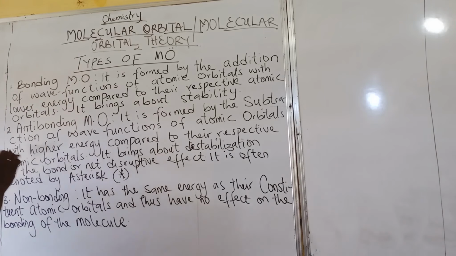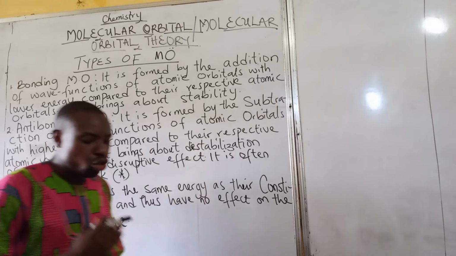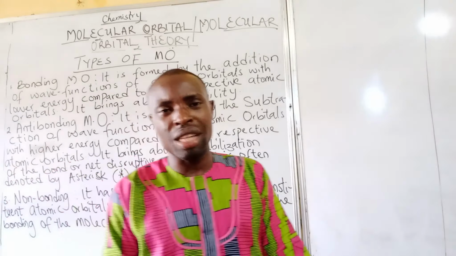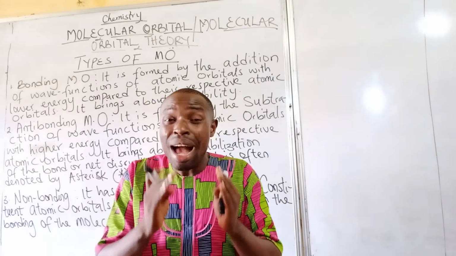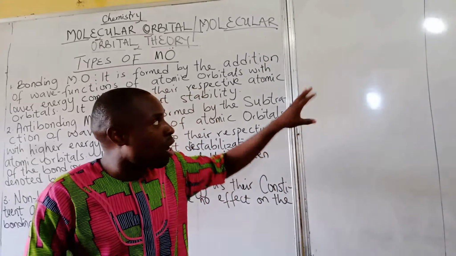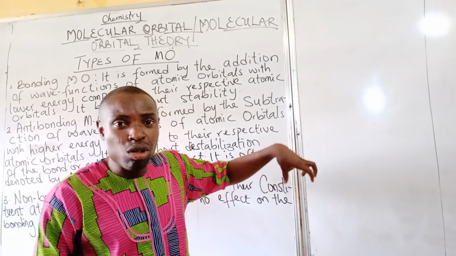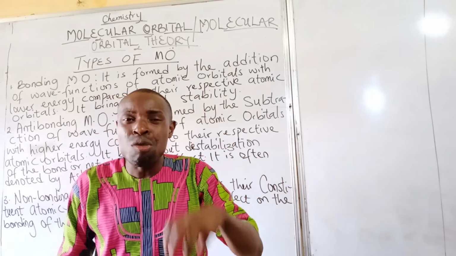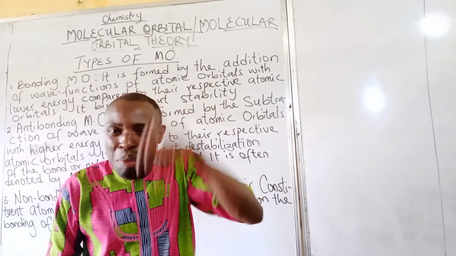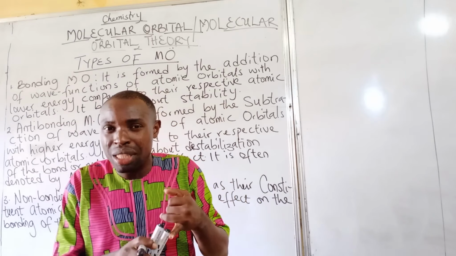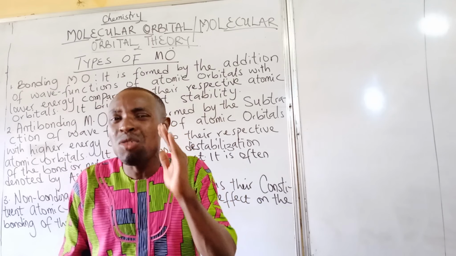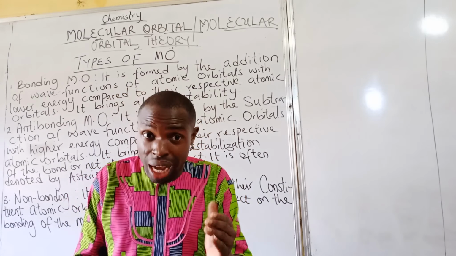Number two, the anti-bonding molecular orbital. Number three, the non-bonding molecular orbital. But remember, I have told you that in our work here under molecular orbitals, our diagrams will be based specifically on the bonding molecular orbital and the anti-bonding molecular orbital.